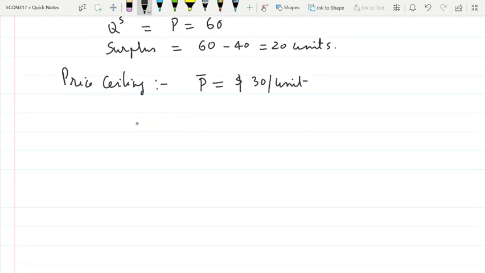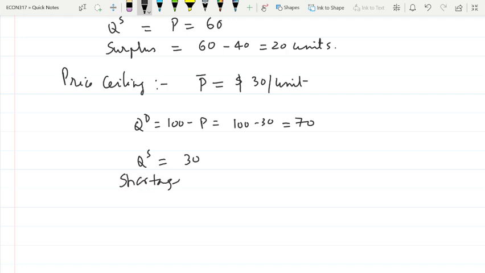Given this, quantity demanded is 100 minus P, 100 minus 30 turns out to be 70. Quantity supplied is equal to P. So we have quantity demanded 70, quantity supplied 30, which means we have a shortage, which is the difference between quantity demanded and quantity supplied, turns out to be 40 units.